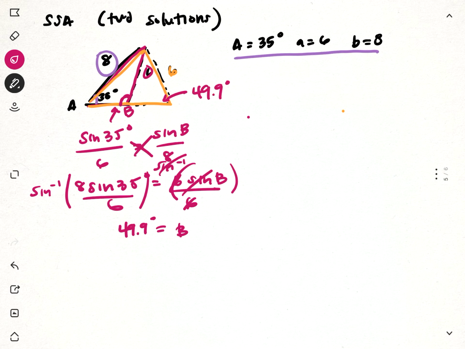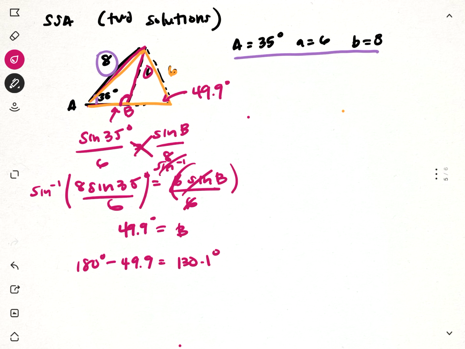In order to find this angle here, we're just going to find the supplement to it. So all we have to do is 180 minus 49.9, and that should give us our angle. So 180 minus 49.9 is equal to 130.1.